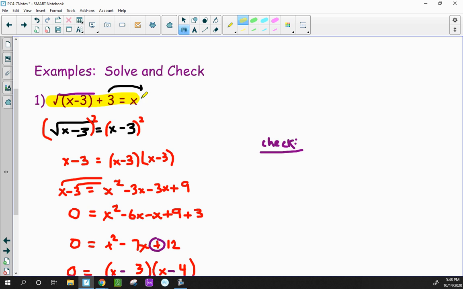What I meant by original is that it has to have a radical in it, so you technically could check it before you squared it. One of the 2 that I've highlighted is acceptable for the check. I think the second one looks a little easier, so I'm just going to use it.